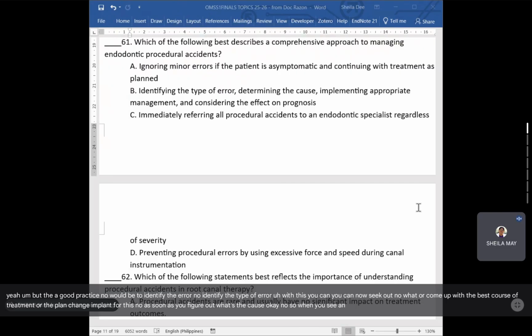So when you see an error, you detect an error. Second, see what was the cause. Can you remove the cause? How do you manage it? Okay, so these are the things that you need, and then of course correct. After that, of course you consider the prognosis, has it changed? Okay, so letter B.